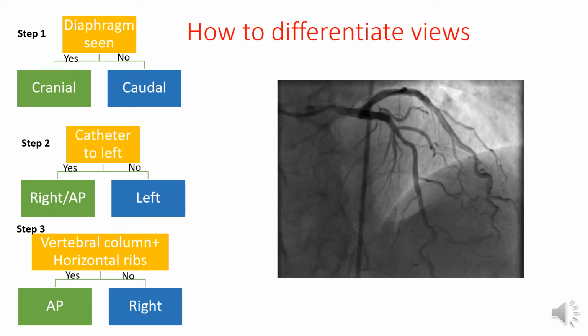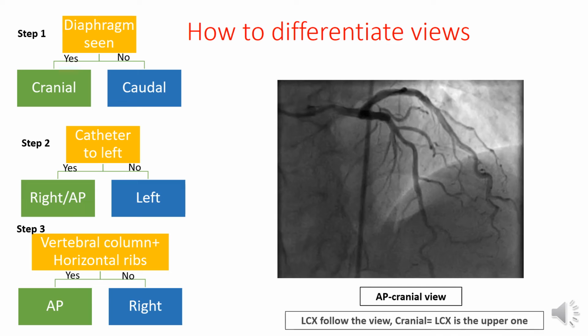Then we look and we appreciate that here is the vertebral column and the ribs are horizontal, so it is an epicranial view. So which is the left circumflex and which is the LAD? As we discussed before, the cranial views are aligned more with the interventricular septum of the heart, so the longitudinal vessel that runs along the picture is the LAD, and the other one is the circumflex.